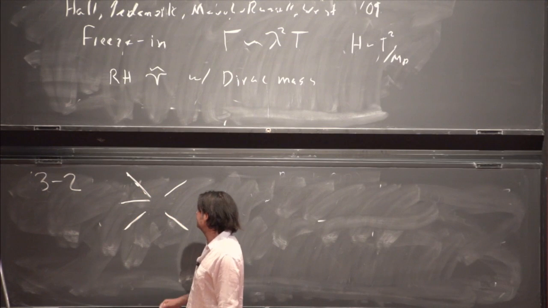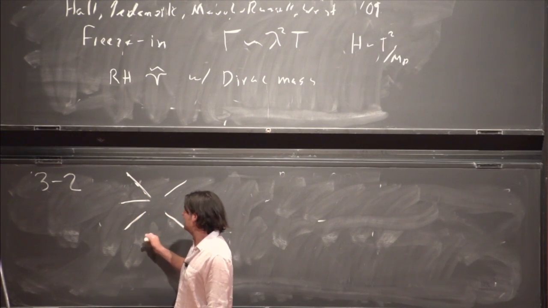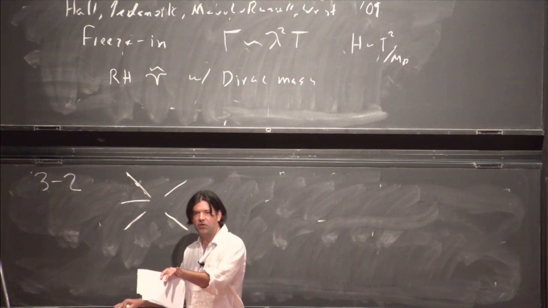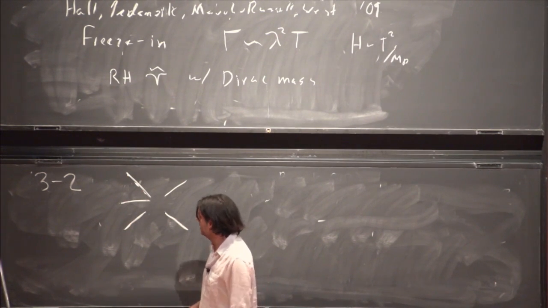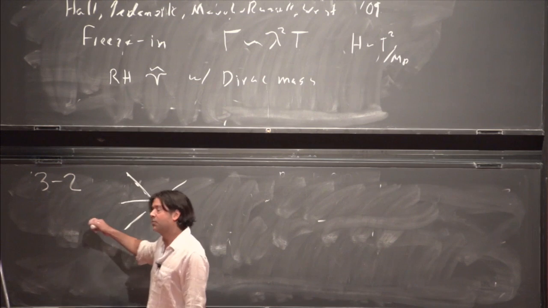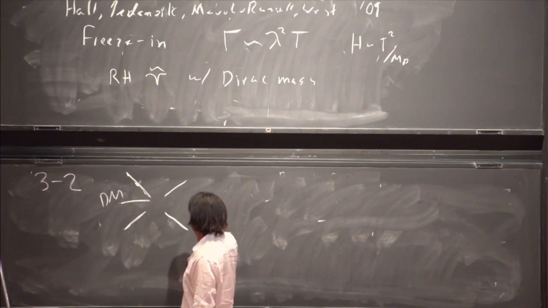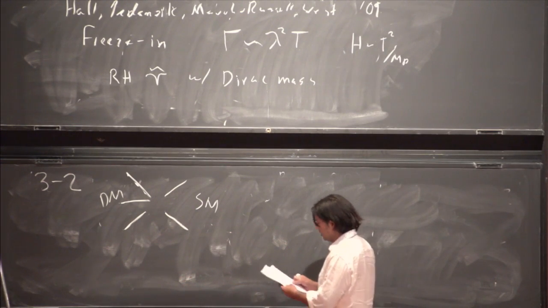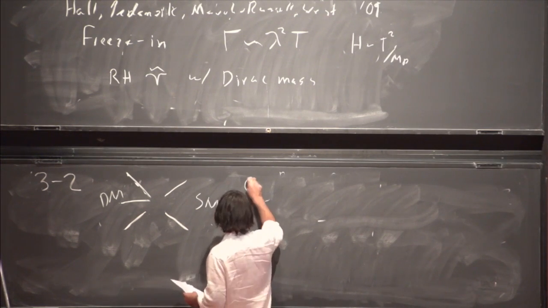In cases where you can have processes where this is dark matter and this is dark matter, where dark matter of 3 goes to dark matter of 2, that's called cannibal dark matter, which is a separate situation from what I'm talking about here. I'm considering here 3-to-2 processes where 3 dark matter particles go into 2 standard model or other types of particles. So if you do this, you can go through basically the same exercise that we went through before.